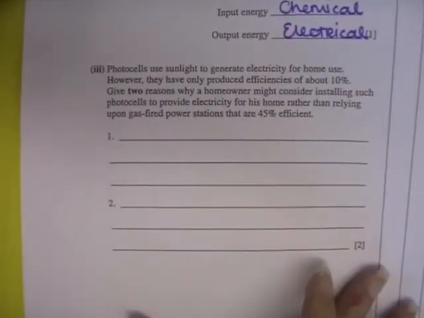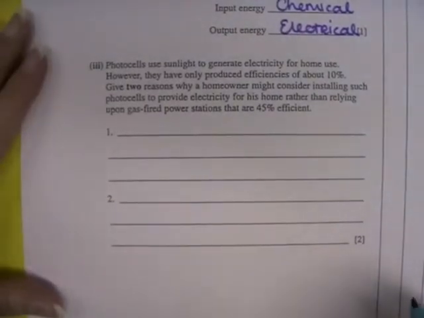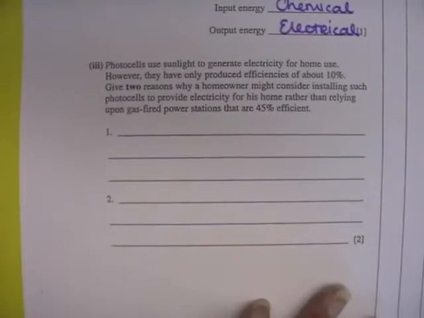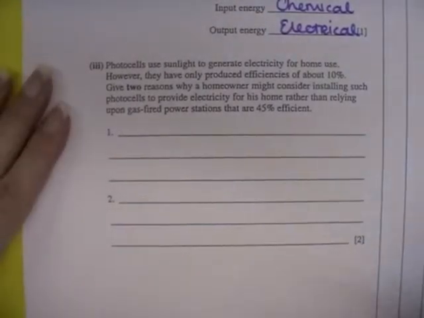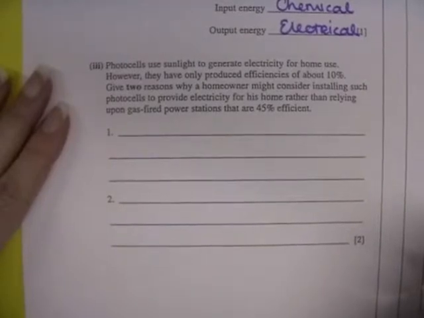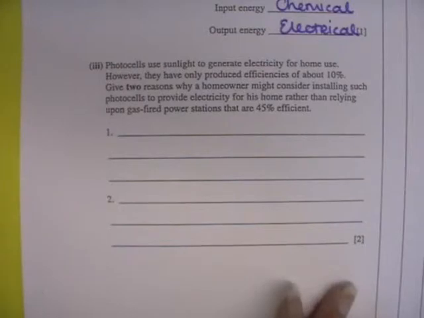Now, an application for generating electricity for home use. Photocells use sunlight to generate electricity for home use. However, they have only produced efficiencies of about 10%, which is even lower than the gas-fired power station. Give 2 reasons why a homeowner might consider installing such photocells to provide electricity for his home rather than relying upon gas-fired power stations that are 45% efficient.